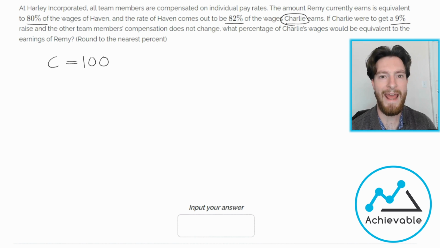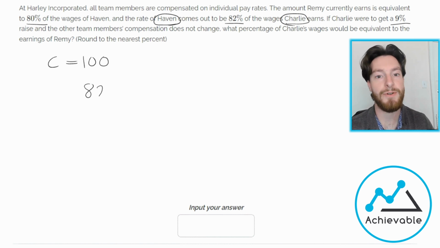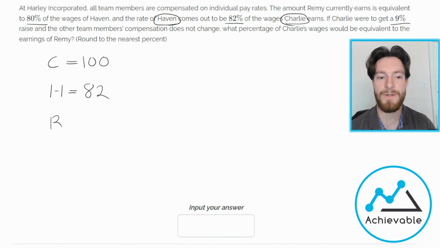It says that Haven is 82% of Charlie's wages. So 82% of 100 is just naturally 82. You could put it in the calculator if you want. 0.82 times 100 is 82. Now, Remy is 80% of Haven's wages.